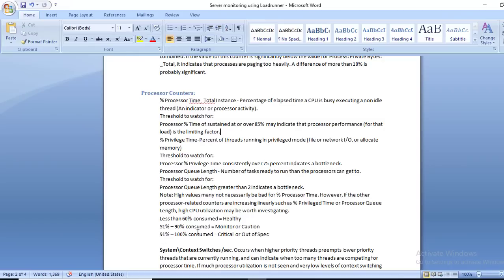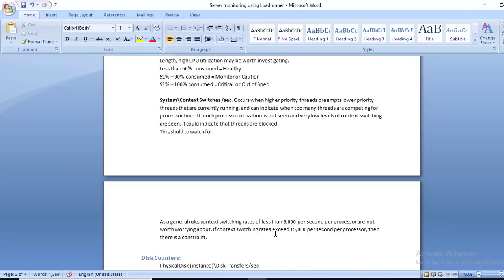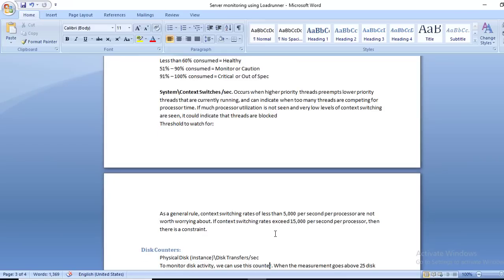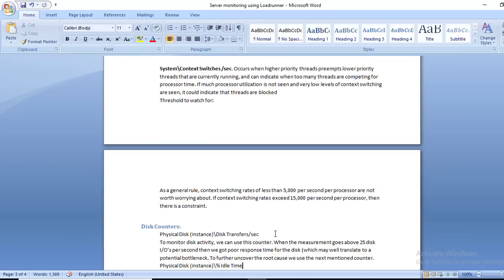Like 91 to 100%, processor related counters indicate critical or out of specification. So these are the things that have to be focused on. While dealing with counters, we have to understand the threshold value, and if it is at or above the threshold value, then it is a big problem.